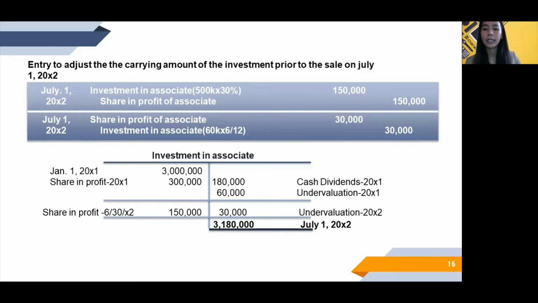So we will get the carrying amount of 3,180,000 on July 1, 20X2.